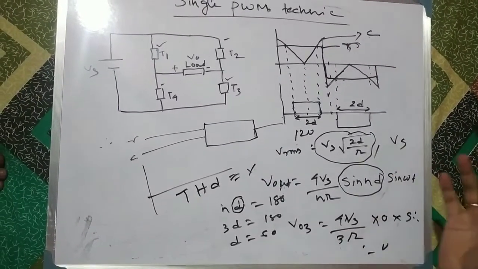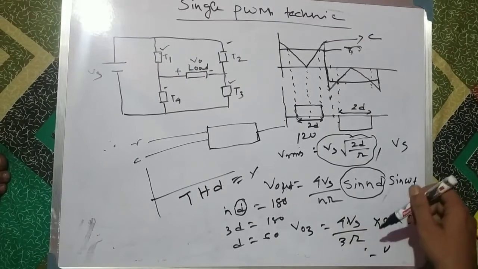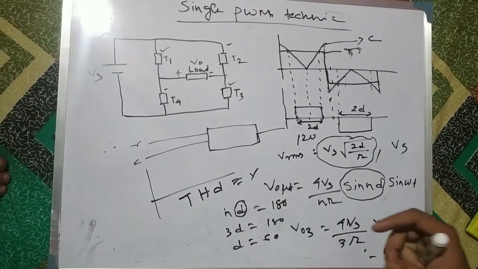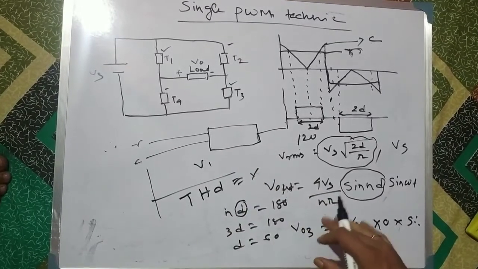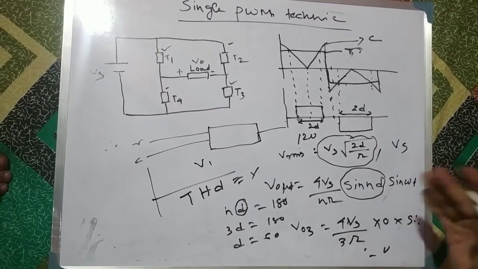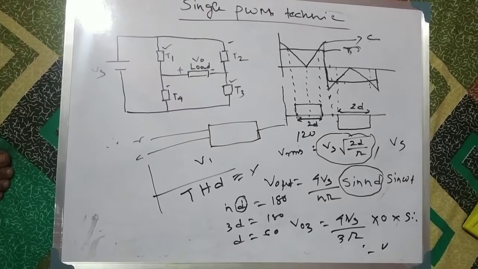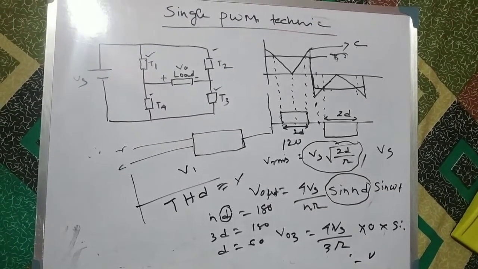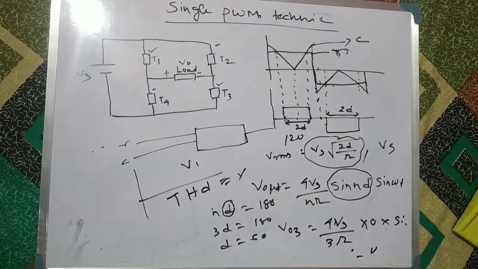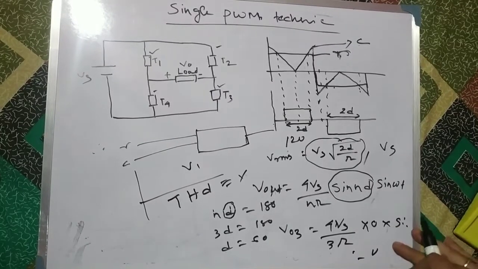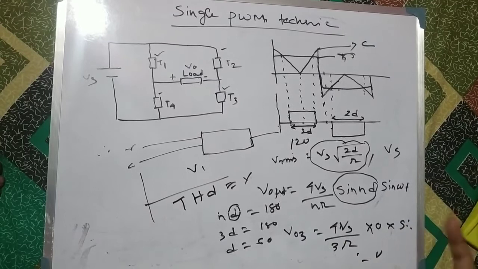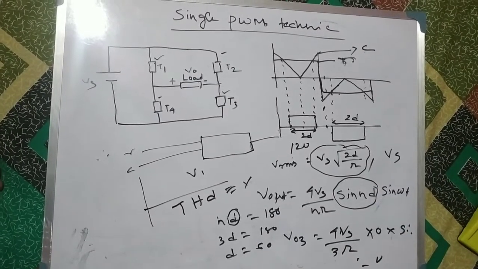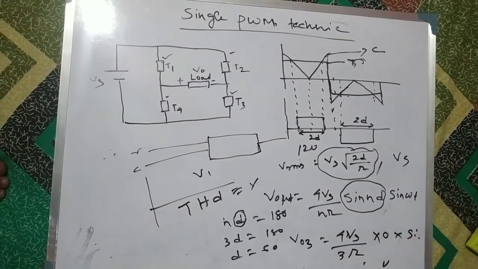For lower order harmonics, only the fundamental does the useful work, and the third, fifth, seventh or higher harmonics like 9th, 13th will cause heating problems in the inverter.